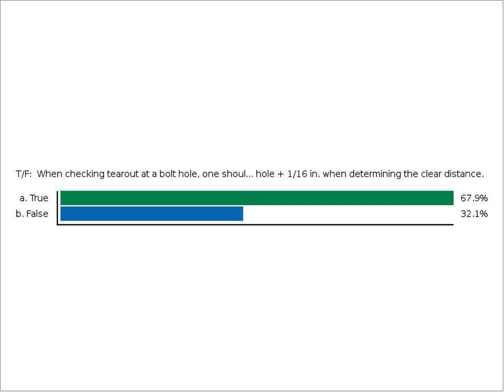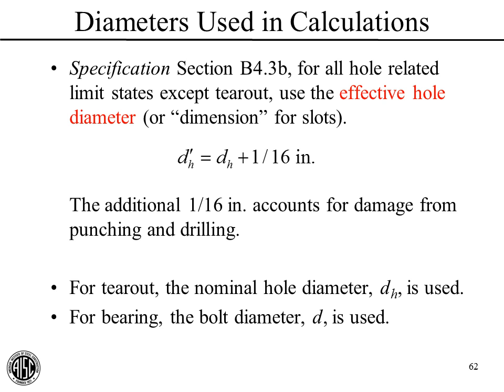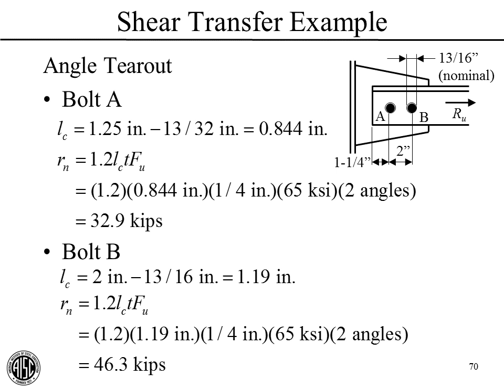Now let's go back to our slide where we mentioned this. So we said that for tear out, we only use the nominal hole diameter, D sub H. Now you can see in our calculation, we have an example of this here.